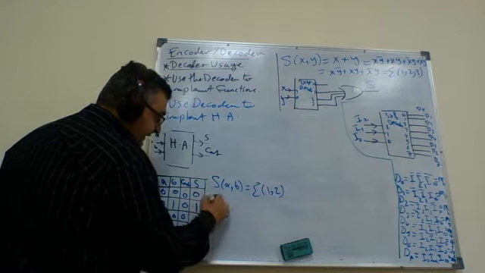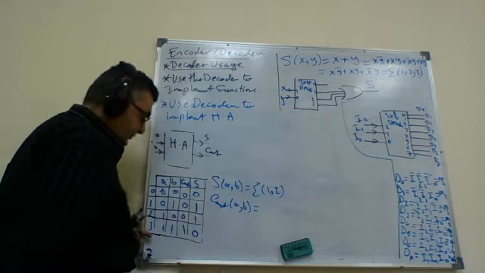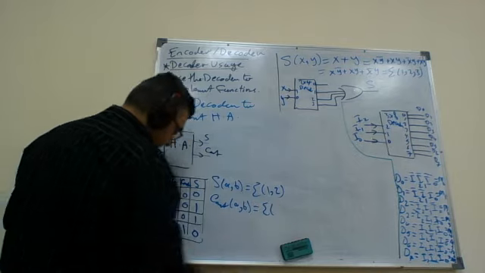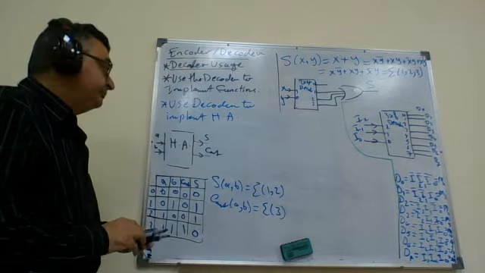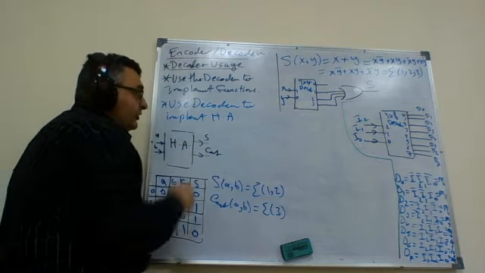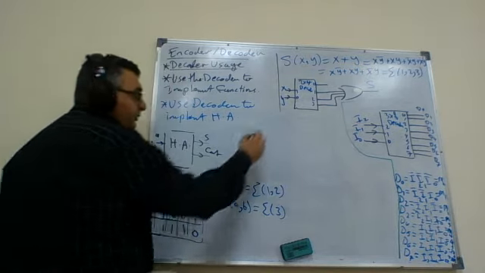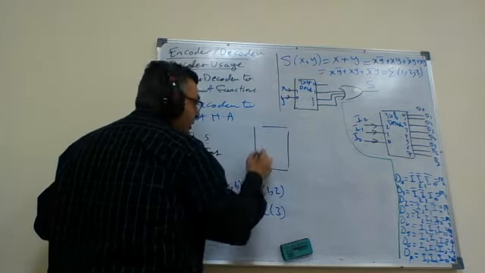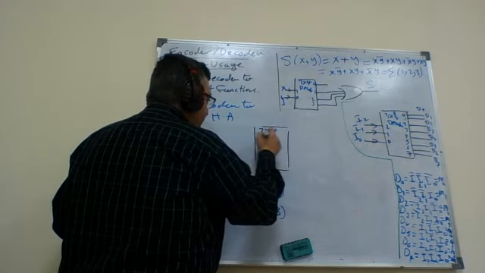And C out of A and B is the sum of just min term 3. So in order to implement this using a decoder, what is the size of the decoder? I have two inputs, so I have to use a 2 by 4 decoder.